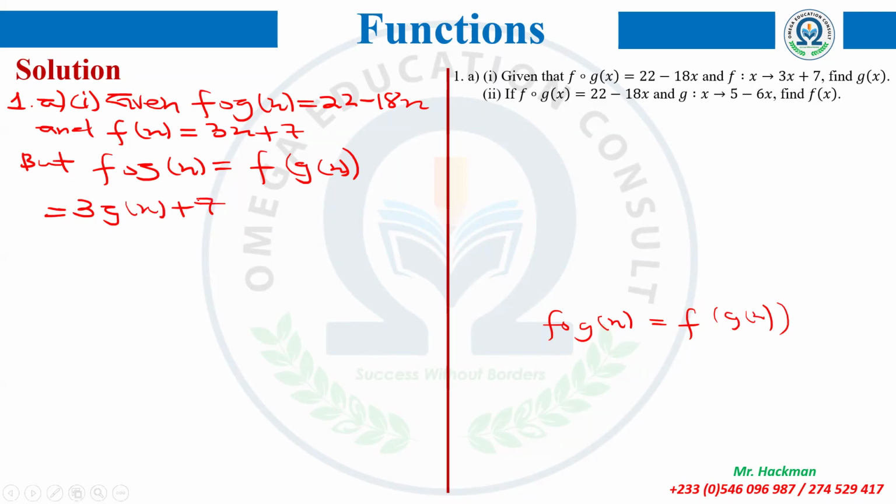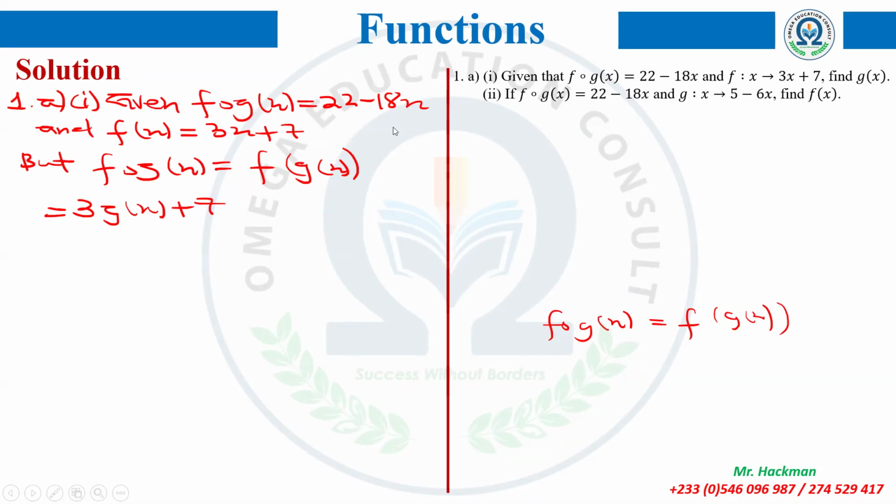Is it clear now? But you know that this same f of g of x is equal to this. You are told that is the same as this. So indirectly what you have here is also equal to this.